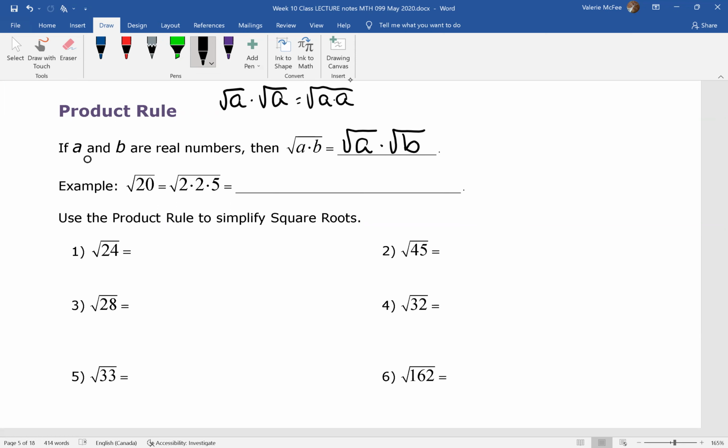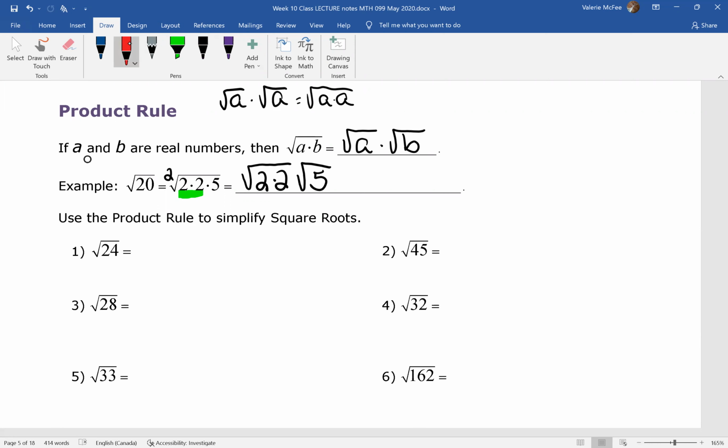Because if I look at the square root of 20 and then prime factor 20, so I have the square root of 2 times 2 times 5, I know that my index here is 2, and I have two factors that are the same. I can write this as the square root of 2 times 2 times the square root of 5.